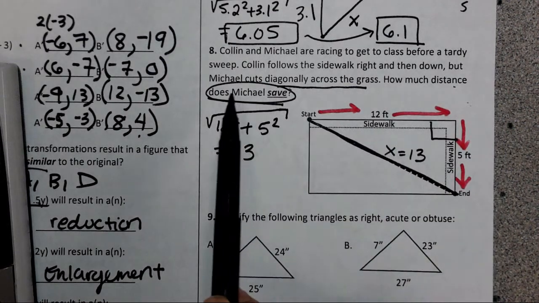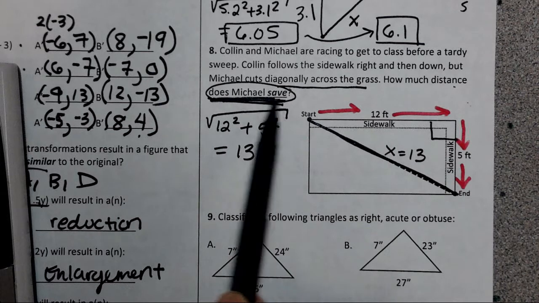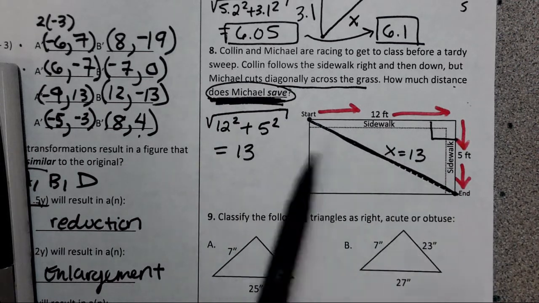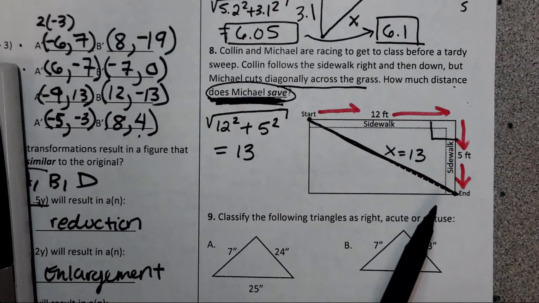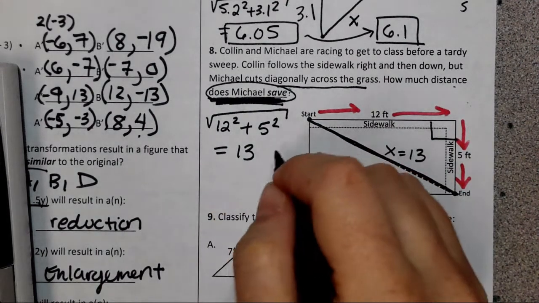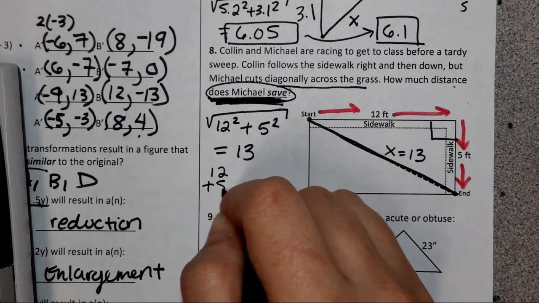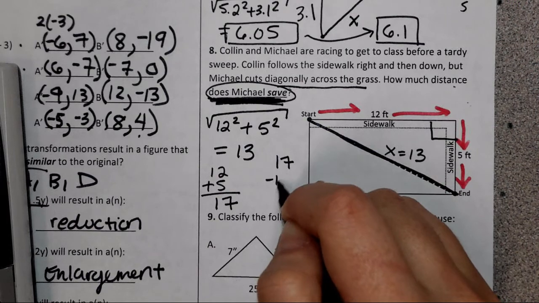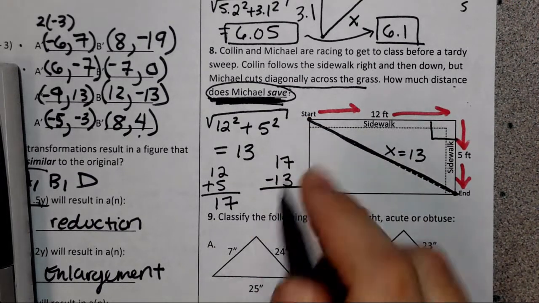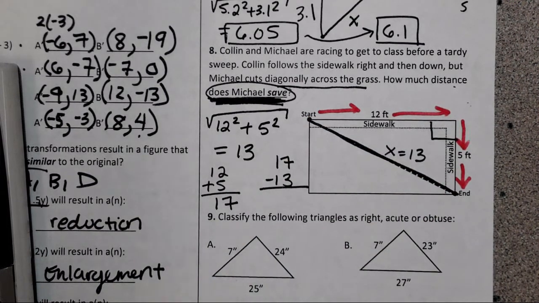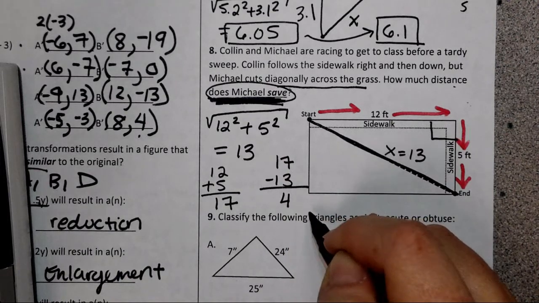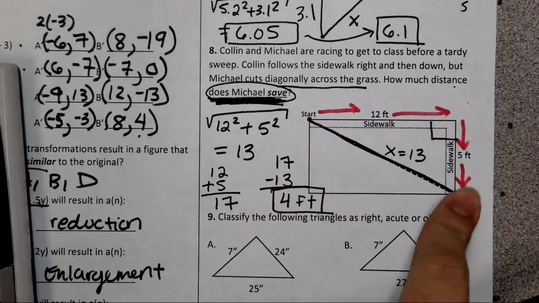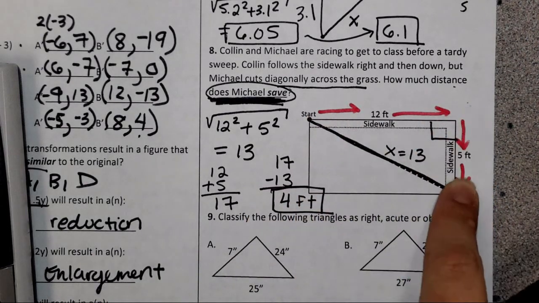So don't forget that it's asking for your final answer, how much did he save by going this way instead of going this way and then this way? So you have to add 12 plus 5. Okay. And then you subtract that from this length. 17 minus 13 means that he saved 4 feet by going diagonally instead of going this way and this way.